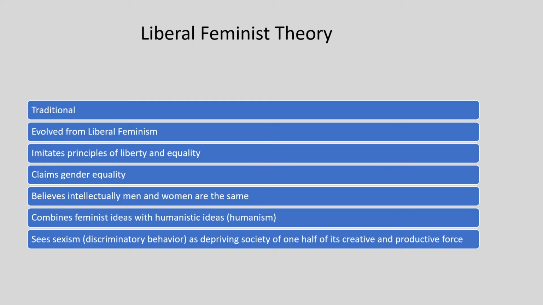So liberal feminist theory evolved from liberal feminism, and in its focus on technology, it invokes principles of liberty and equality in the context of women. It claims the idea of gender equality, believes that intellectually men and women are the same, and combines feminist ideals with humanistic ideals for the growth and flourishing of humanity.